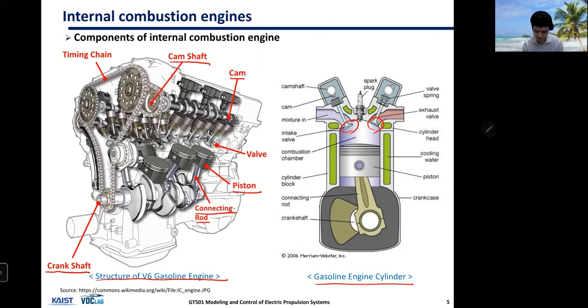And then we have the camshaft that pushes the valves. And then we have the timing chain that couples all of these rotating devices connected to the crankshaft. So all of this is connected mechanically to the crankshaft, so that all the rotating motions are linked to the engine crankshaft speed, which is obvious.